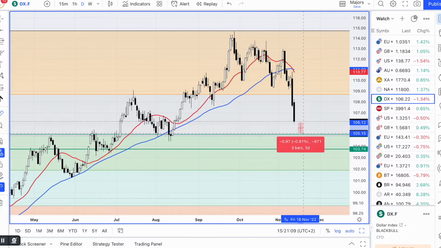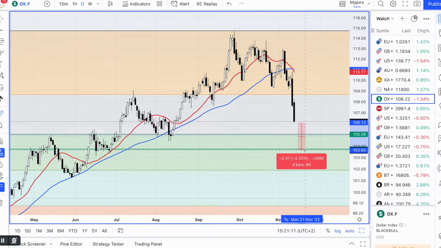So a 1% drop lower, and if we get down to 103.60 or 70 or 80, that's another 1%, so that's 2.2%. So somewhere between a 1% and a 2% move lower in the dollar, which means a 1 to 2% move higher in the major currencies is what we can expect before potentially forming a temporary, at least a temporary bottom on the dollar and a temporary top on the other currencies.